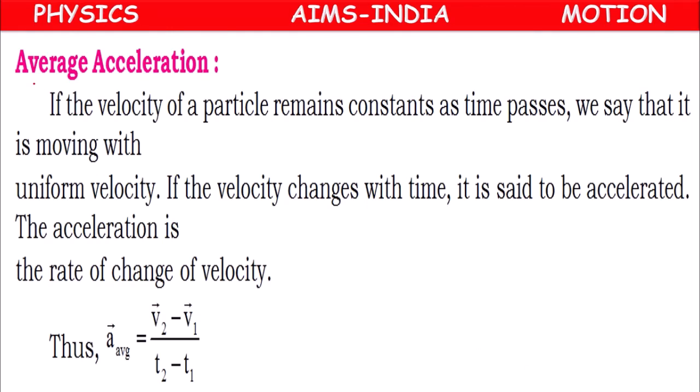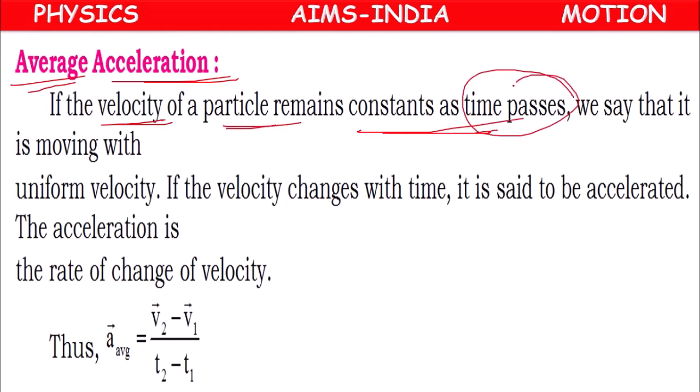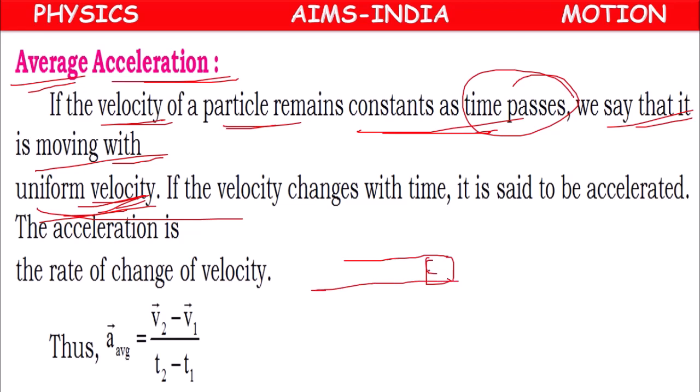So next, average acceleration. If the velocity of a particle remains constant as time passes, we say that it is moving with uniform velocity. Uniform velocity means, suppose you take a train. What happens to the train?